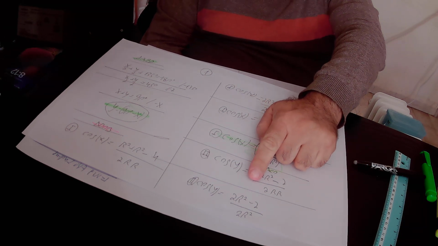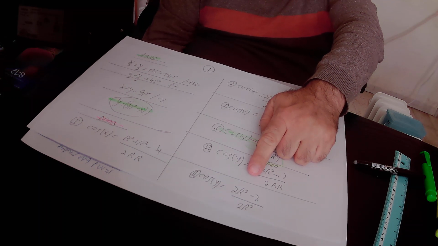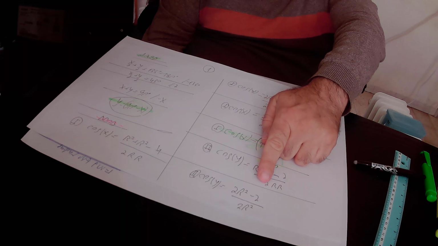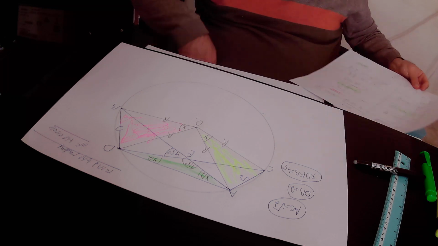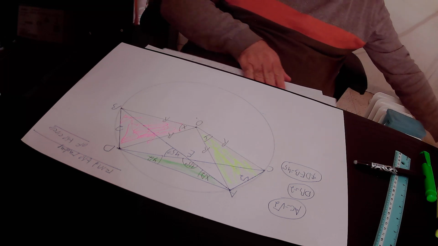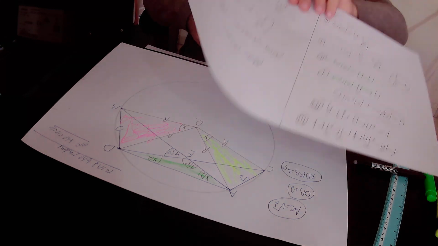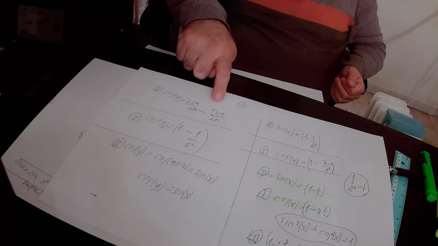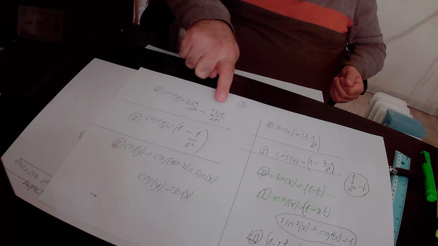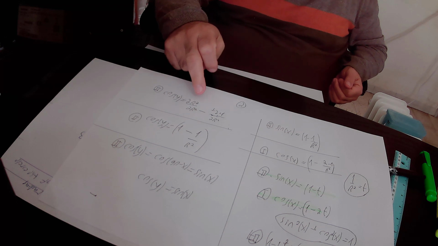Then we split this side of the equation into two parts. The first part will be 2r squared over 2r squared, and the second part will be minus 2 over 2r squared. So we found out that cosine y equals 2r squared over 2r squared, minus 2 over 2r squared. 2r squared over 2r squared is 1.